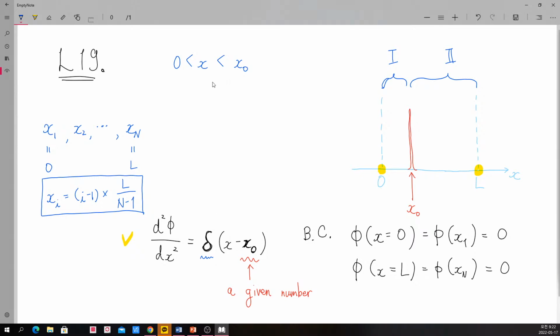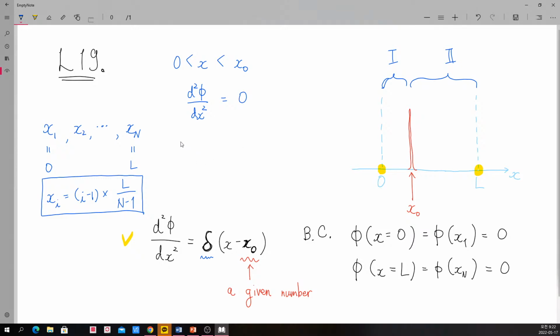And when integrated over a certain range which does not contain x naught, it will immediately give us just 0. So think about this one. In this case, the Dirac delta function certainly vanishes. So we can certainly say this will be the equation for a range whose x value is smaller than x naught.